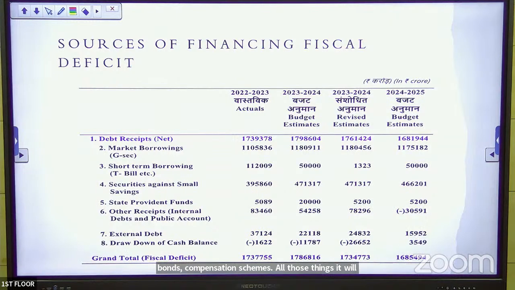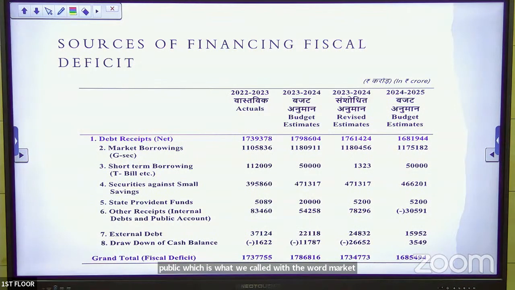Other than that, it can borrow internationally. Public sector banks, it can borrow. It can borrow from the public. Bonds and securities, we call it borrowing from the public, which we call by the word market borrowings, right?